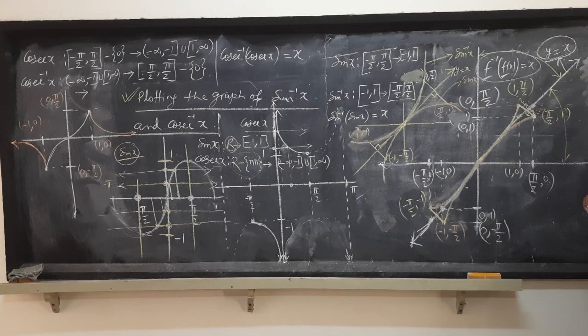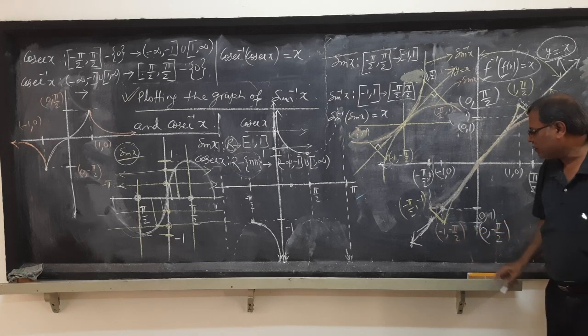So what you are finding is, this point, the coordinates of this point was pi by 2 comma 1. About this straight line, these coordinates will be converted into 1 comma pi by 2. You will get the sin inverse x with this point as 1 comma pi by 2.